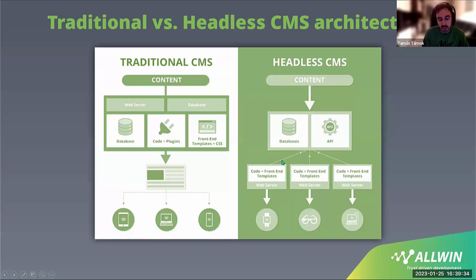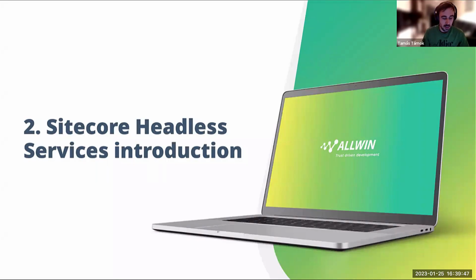You can also have an iOS application or Android or whatever, which can communicate through APIs over the internet. That's just a short overview, because I think you already heard a lot about what Headless is.